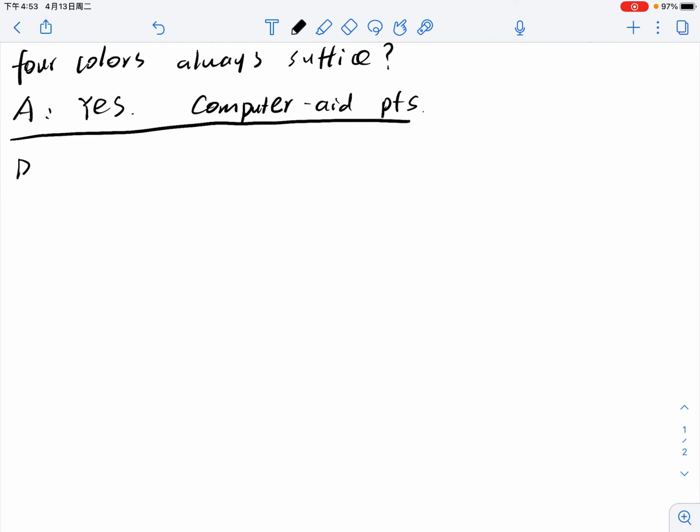Okay, and so to study this problem, we introduce some notation. So first, let G be a graph. Notice that in this problem, in the coloring problem, it's not important whether the graph is simple or a general graph, because we only care whether a pair of vertices is connected or not, no matter how many edges are between them.